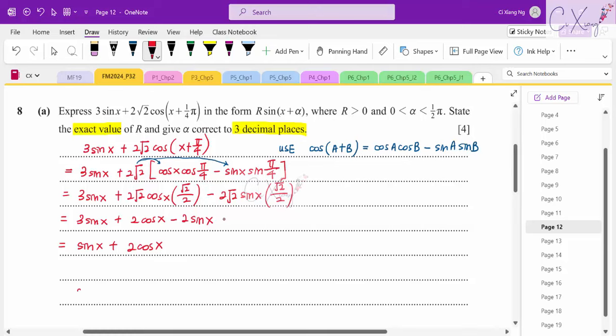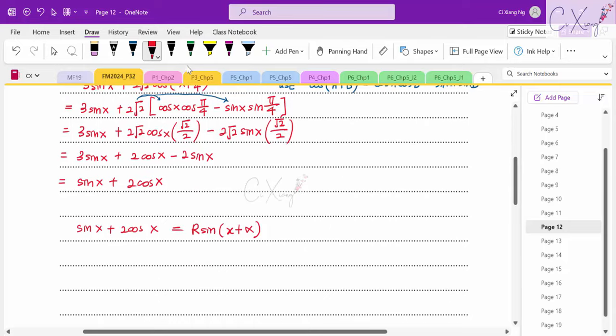Okay, then now I want to let sin x plus 2 cos x, and we try to find out the R sin(x plus alpha). To get the R, the formula for R is the square root of a squared plus b squared.